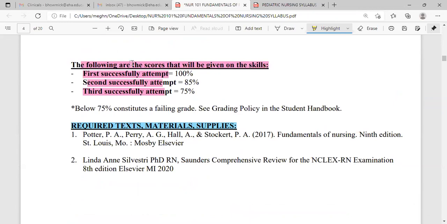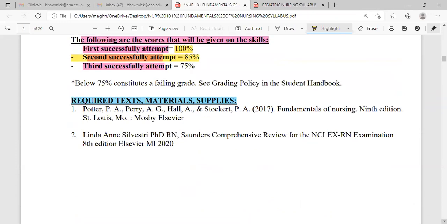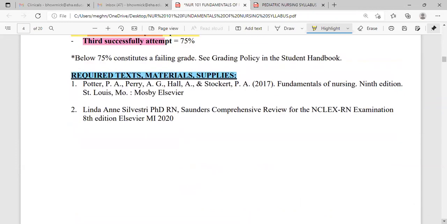Here we see the following are the scores that are given on the scale. First successful attempt, you're supposed to get 100%. Second successful attempt, 85, and third successful attempt, 75. Below 75 constitutes a failing grade, right? And here is a list of books that you can follow.